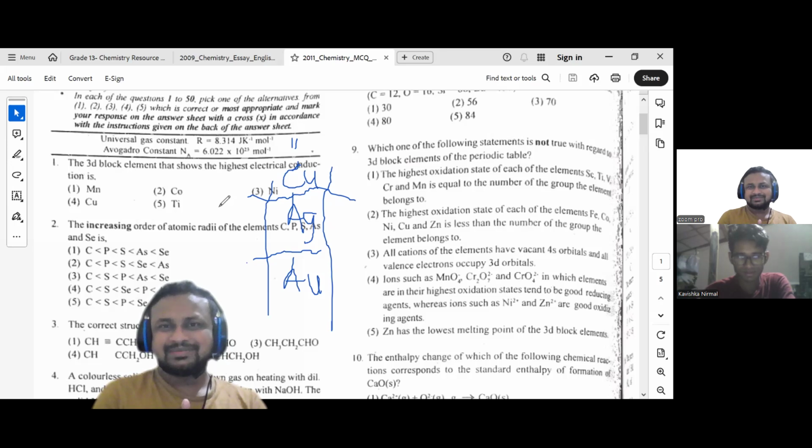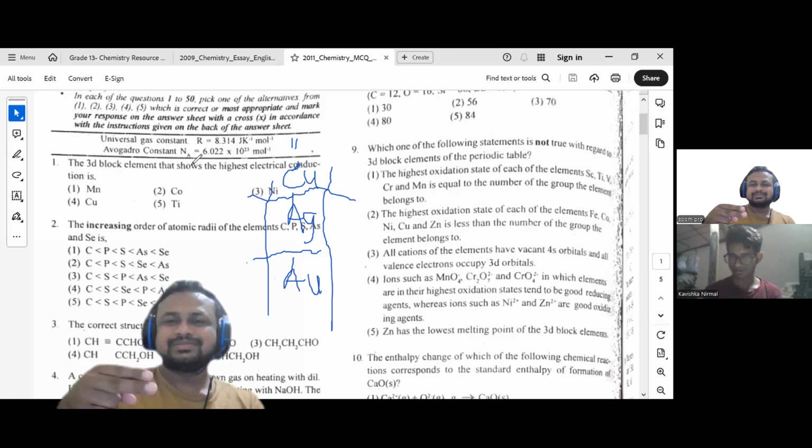We use gold in our grade 6 to 11 at some point. Do you remember the static electricity instrument, where there's a gold foil and we put something?